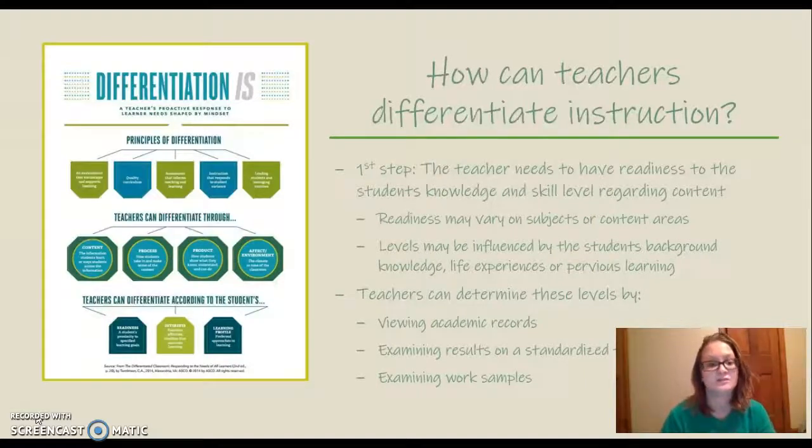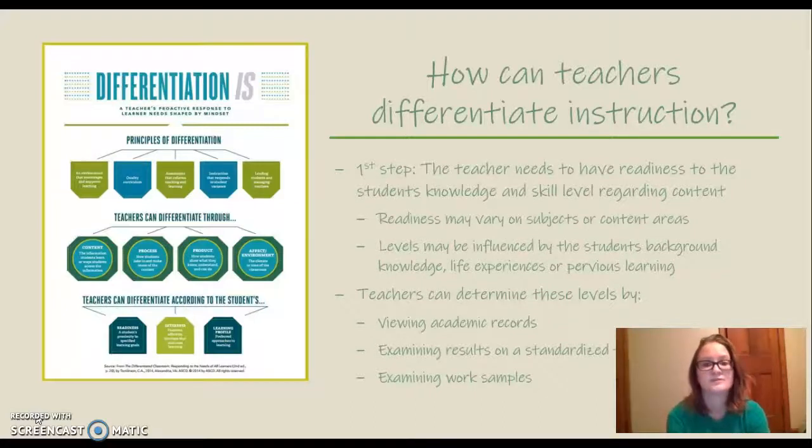First, we need to learn how teachers can differentiate instruction. The first step is that the teacher needs to learn the readiness of the student's knowledge and skill level regarding content.